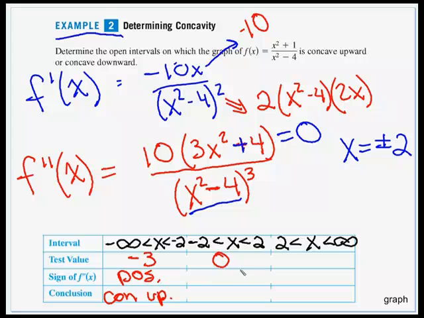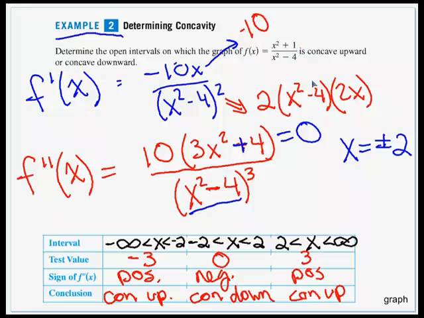If we plug that into the second derivative, we get a negative output. Negative output of the second derivative tells us we are concave down. And the last interval goes from 2 to infinity. Let's plug in a positive 3. In the second derivative, that's going to give us a positive output. And again, that tells us we are concave up.